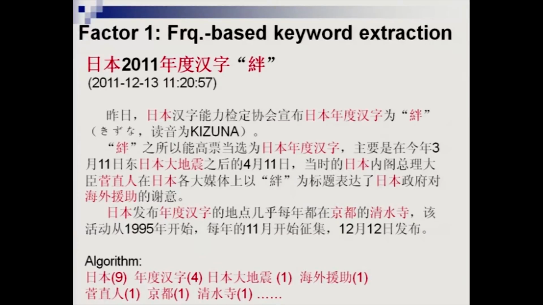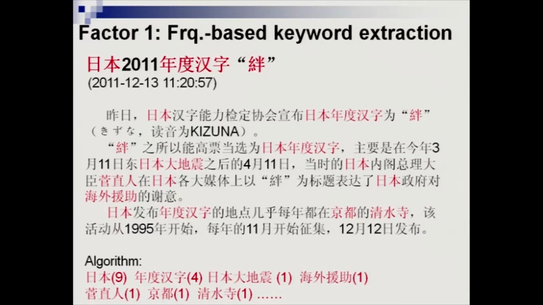For example, Japan appears 9 times in this article, year 100 appears 4 times. Also this character appears 3 times, 1, 2, 3, 4 times. So based on frequency, the program will suggest at least 3 good candidates as keywords for this article.